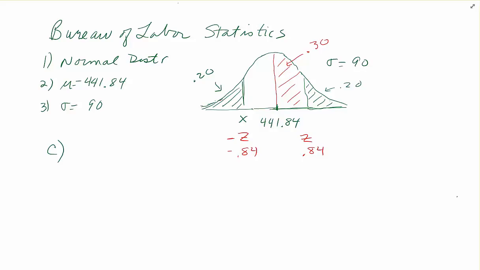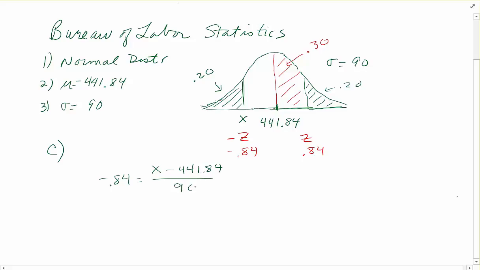Now let's look at the z-score formula. So negative 0.84 is z, x minus 441.84, and then divided by 90, and solve for x. See how we needed the z-score there to plug it into the formula so that I could solve one equation with that one unknown x.